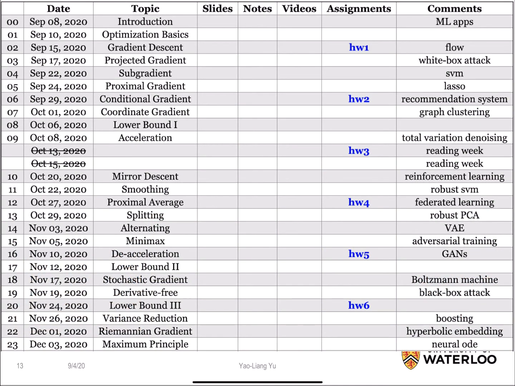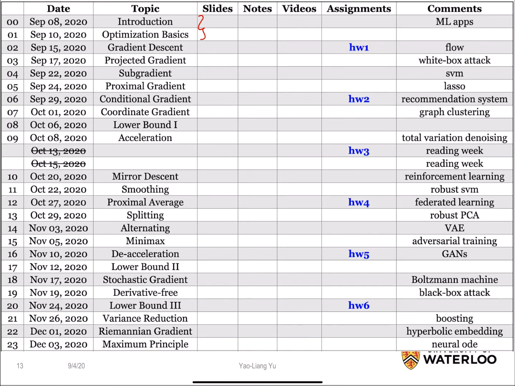Okay, so this is a rough or tentative outline of the course. We are here at the introduction. The first week really is the introduction, and in the next lecture I'm going to talk a little bit about some basics, like the basics of linear algebra and the basics of optimization.